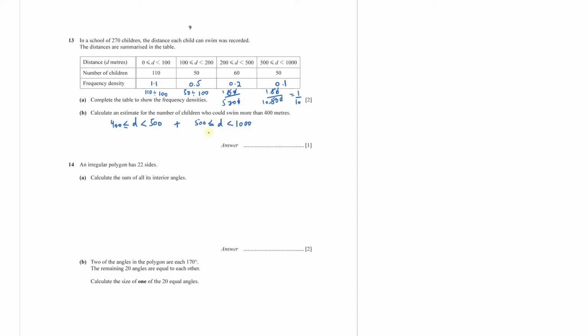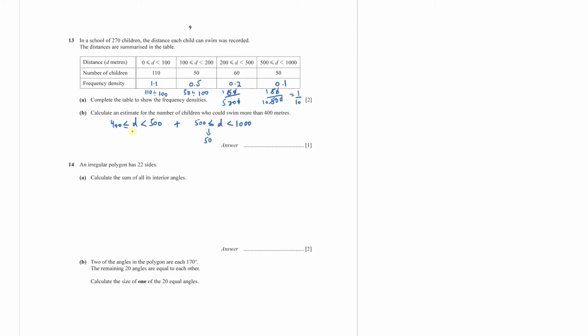You already know this number, which is 50. So 50 can swim between 500 and 1000. Plus you have to find how many can swim between 400 and 500. If you add the two together, you will get the total children who can swim more than 400 meters.